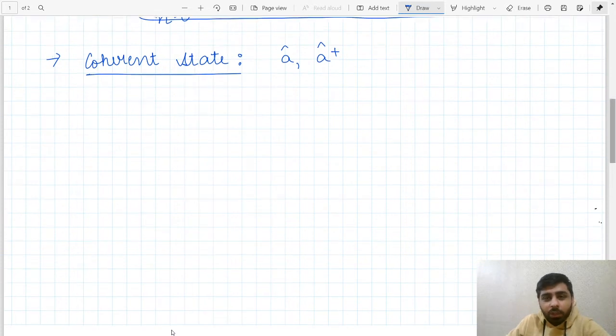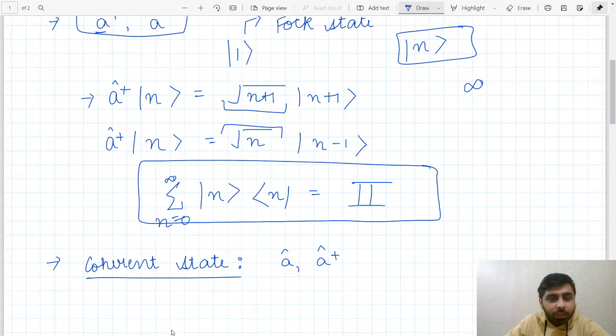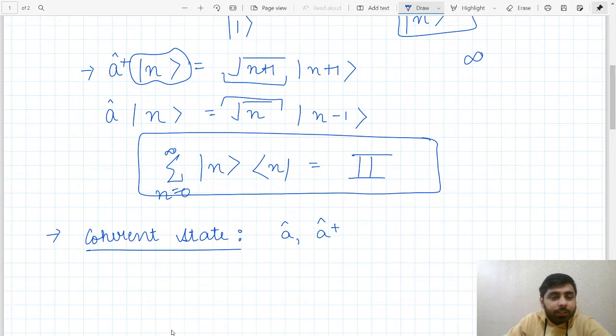If we look at these equations clearly, we can see that the Fock state |n> is not an eigenvector of the creation or annihilation operator. I think I made a writing error here. So this Fock state |n> is not an eigenfunction of the annihilation operator or the creation operator either, because one takes the state one level up and the other takes it one level down.